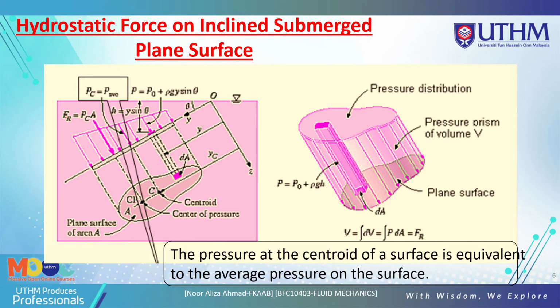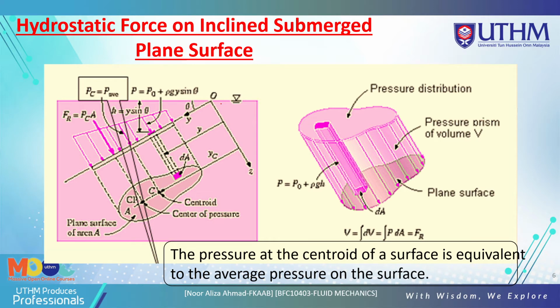So the resultant force is equal to the pressure at the center times the area of this plane surface. We can look at this from the plane view. C is the centroid, CP here is the center of pressure, and A is the area of this plane surface.